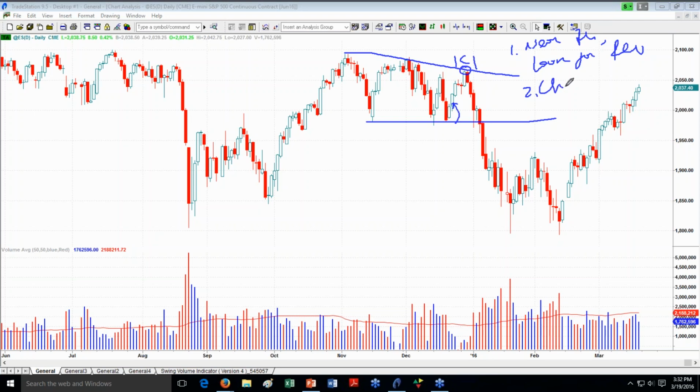Well, usually everything starts with the change of character. So on the lower time frame, you're going to be looking for the change of character somewhere here. Actually, it's going to happen right here first, and then you're going to try to get out on the way up after that change of character.